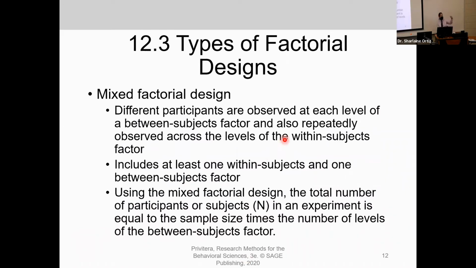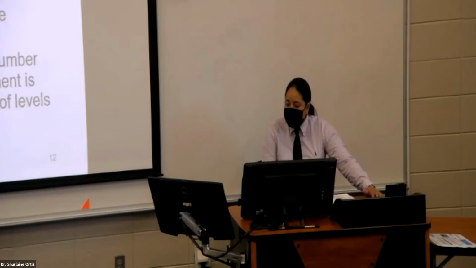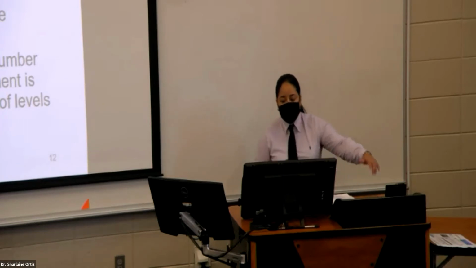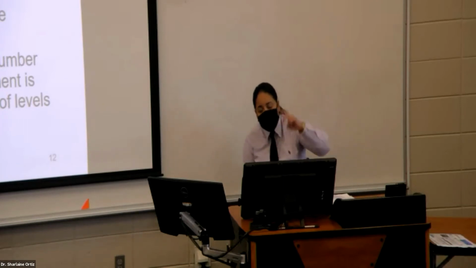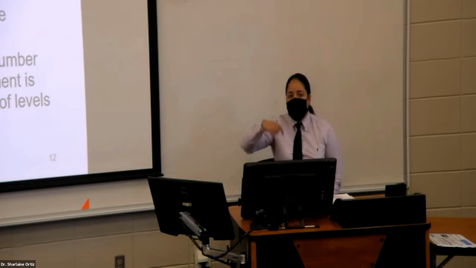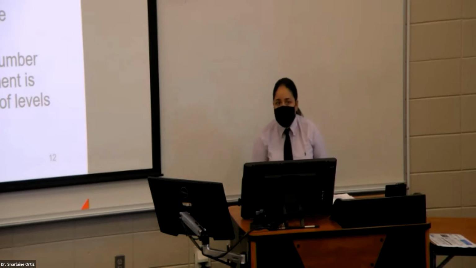Now, we talked about between subjects, we talked about within subjects. Notice that in this specific regard, whenever we are trying to make use of the mixed factorial design, if I were to define it, I am simply trying to look for at least one between subjects factor, and the next one would be at least one within subjects factor.